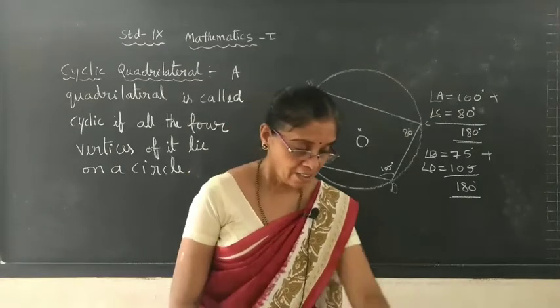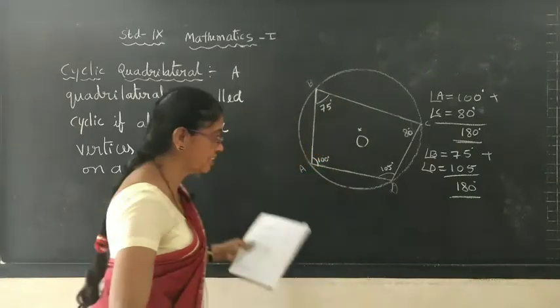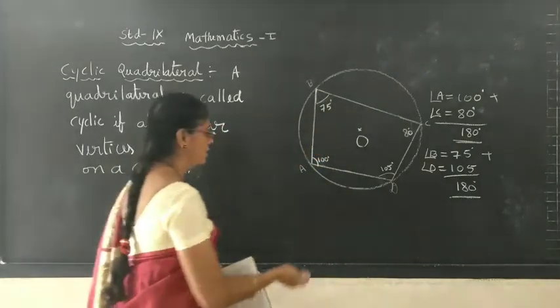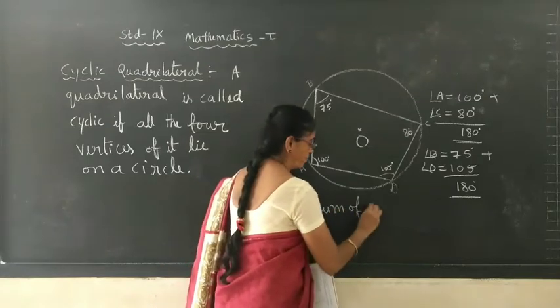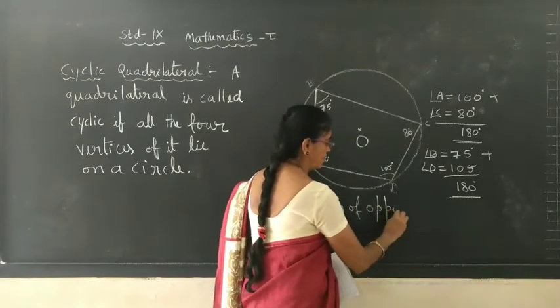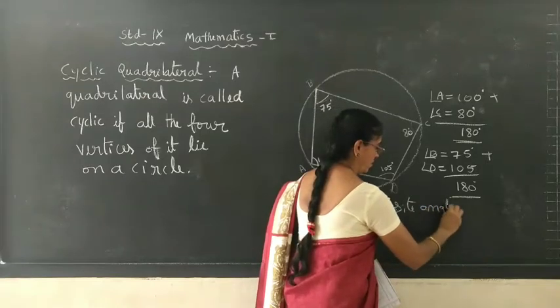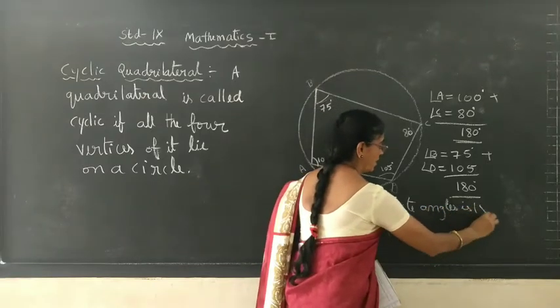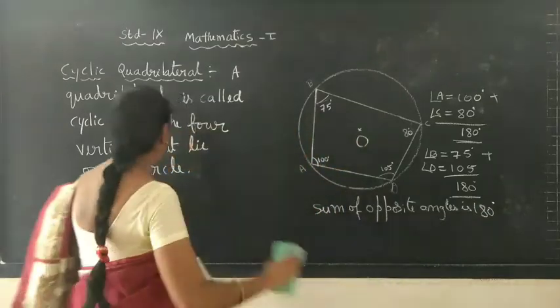That is the relationship we get in a cyclic quadrilateral. So write this result: sum of opposite angles is 180 degree.